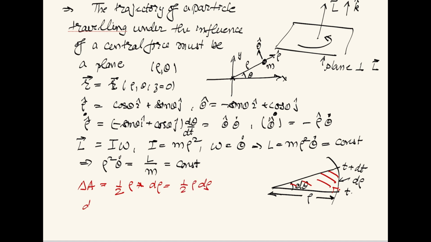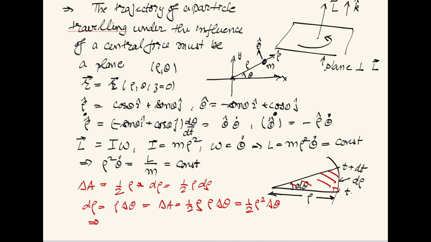But then I know that d rho can be written as rho times delta theta, right? So therefore delta A is equal to 1/2 rho times d rho, which is rho times delta theta, that is 1/2 rho squared delta theta. Let us divide both sides by delta t.